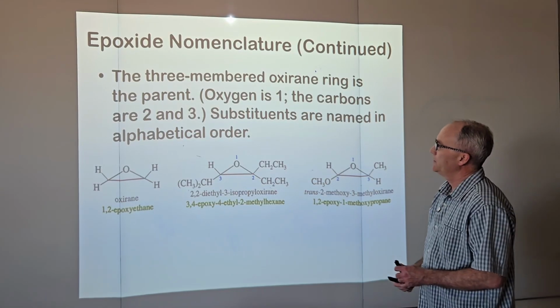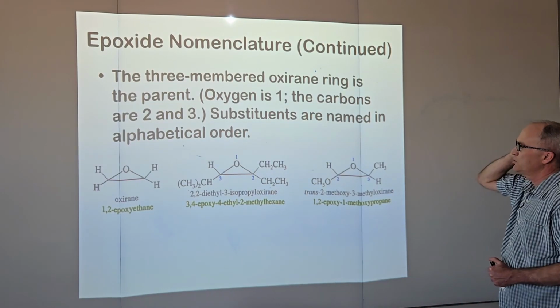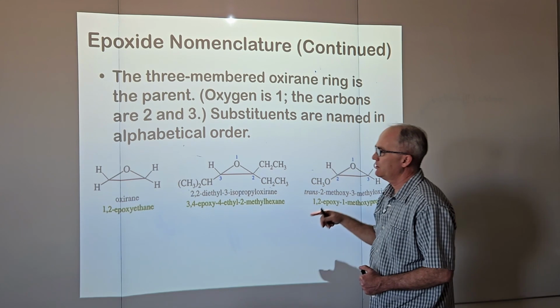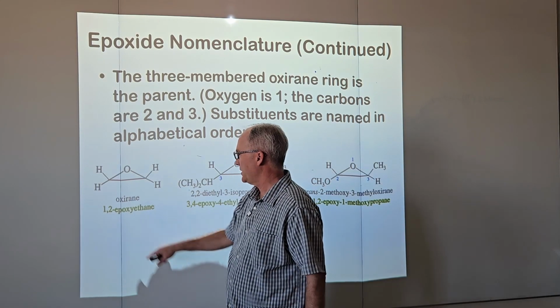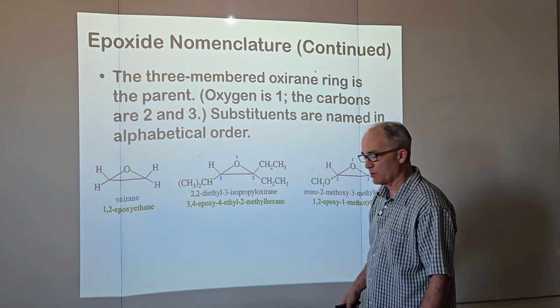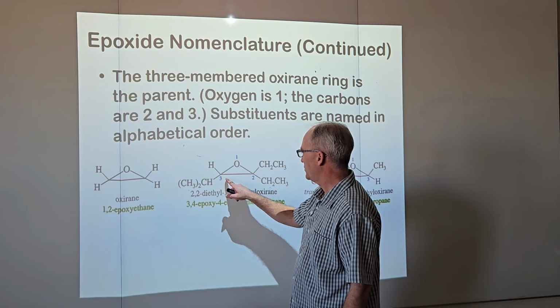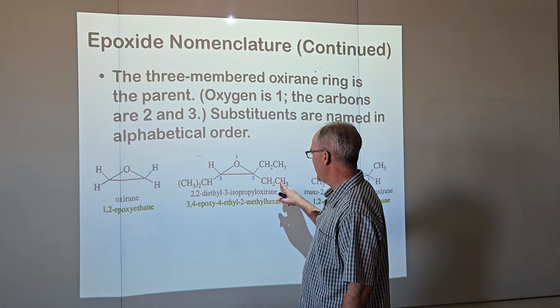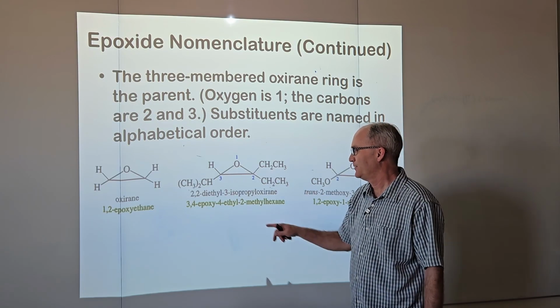The three-membered ring, the oxirane ring, is the parent. Oxygen is 1 here. So this has an IUPAC name of 1,2-epoxyethane. We run into a substituent earlier this way, so going way back to our alkane, 1, 2, 3, 4, 5, 6. I can't mix the common and the IUPAC, I'll get tied up.